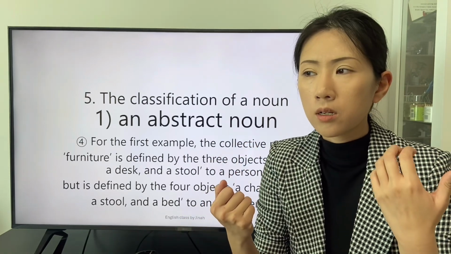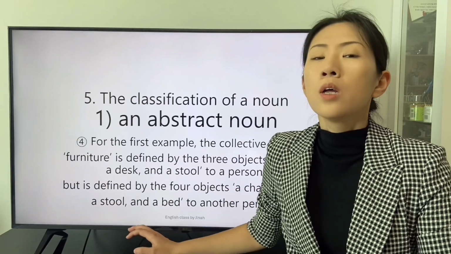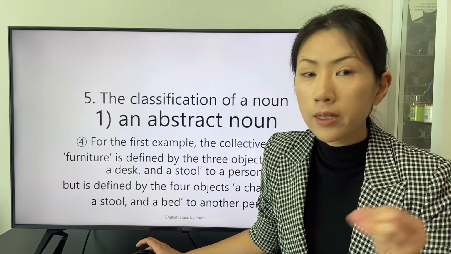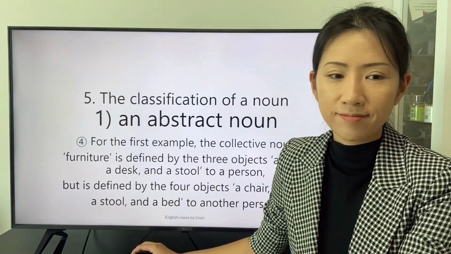Like character is like feature. So the collective noun is classified as an abstract noun.